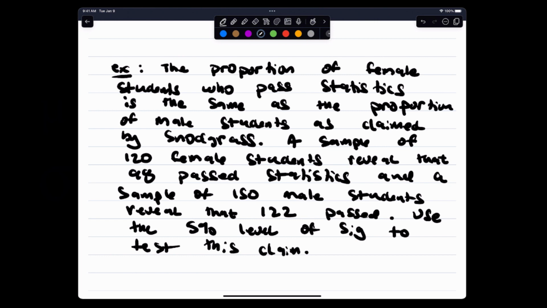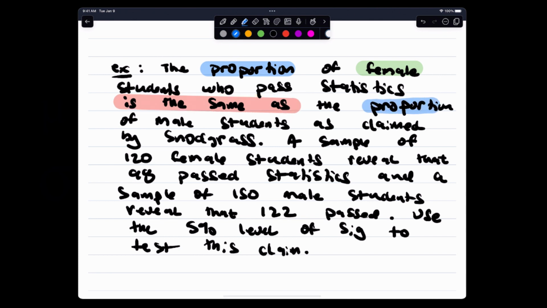Let's read this, okay? You guys remember they're saying what now? The proportion of what group? Female college students who pass statistics. What's the phrase here? Is the same as.